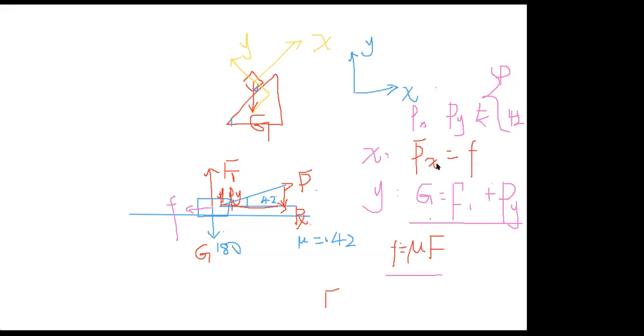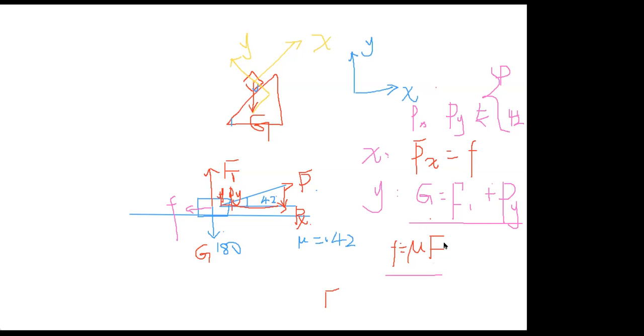Okay, we don't have to hurry to solve P, because now you have so many unknowns. I thought the only thing we don't know... because we know what the force of friction is, because we know what mu is and we know what F is. Yeah, you cannot solve F either. Can you solve F? Yeah, because F is G minus Py. But what is Py?